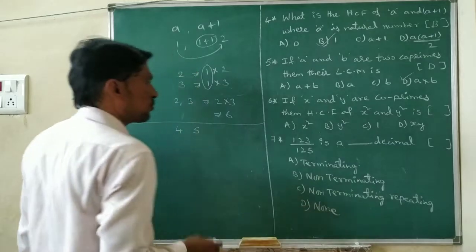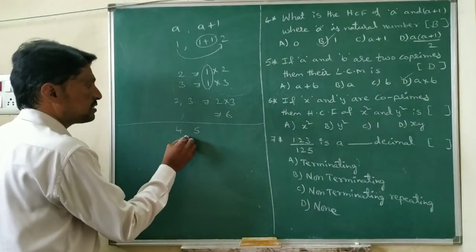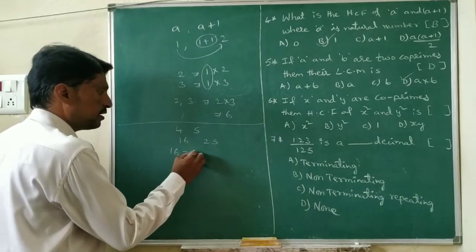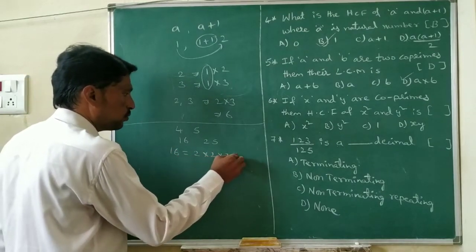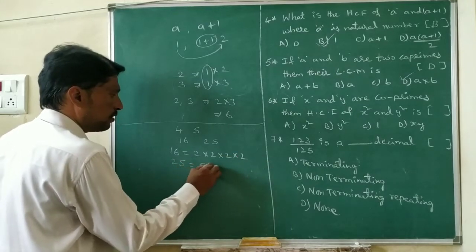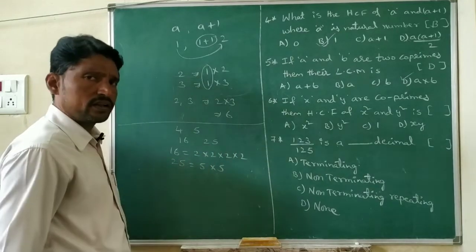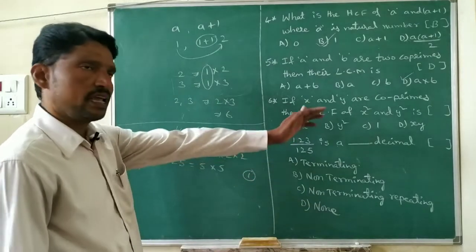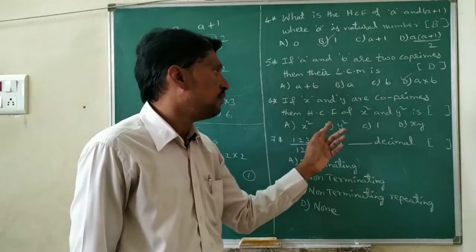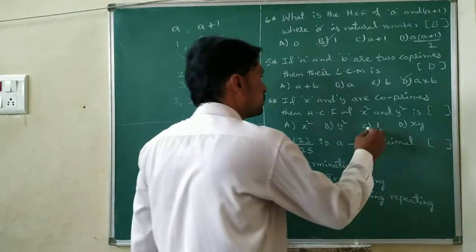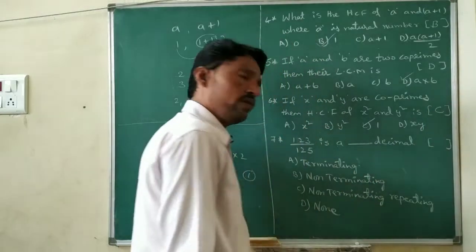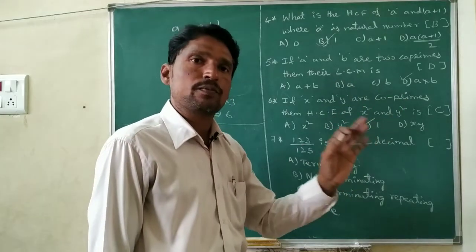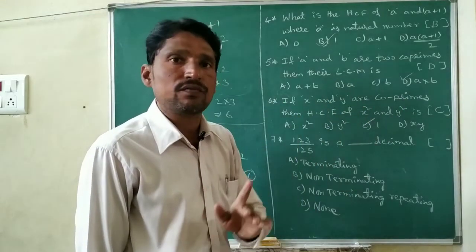X square and Y square mean 16 and 25. 16 prime factors: 2 into 2 into 2 into 2. 25: 5 into 5. We do not have a common factor for both numbers. So 1 is the common factor, which means the HCF of X square and Y square is 1. Means option C is correct. Once again repeating: if X and Y are co-primes, co-primes means only one is a common factor for both numbers.